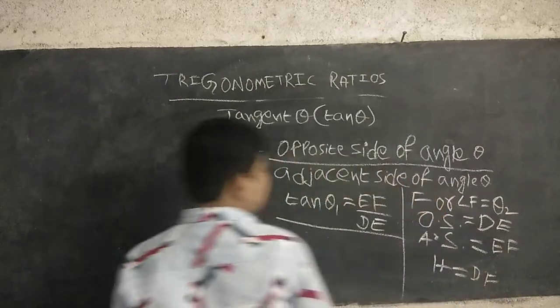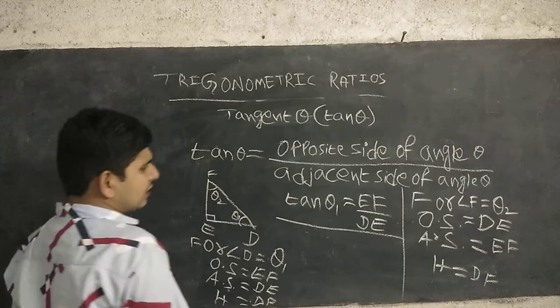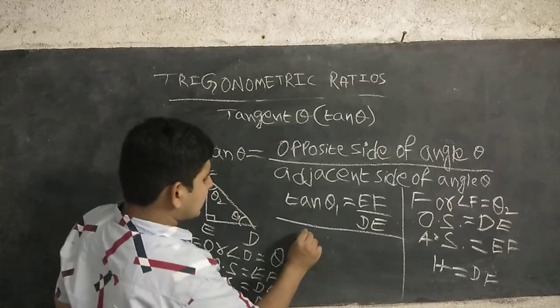Now for angle theta 2, tan theta 2 is defined as the opposite side by the adjacent side, so tan theta 2 equals DE by EF.